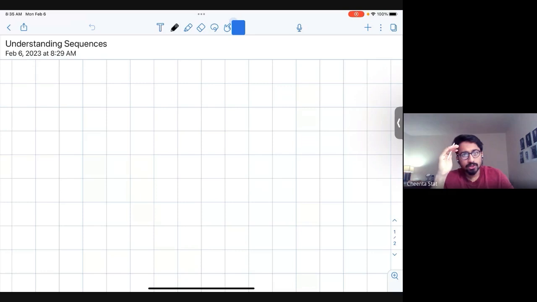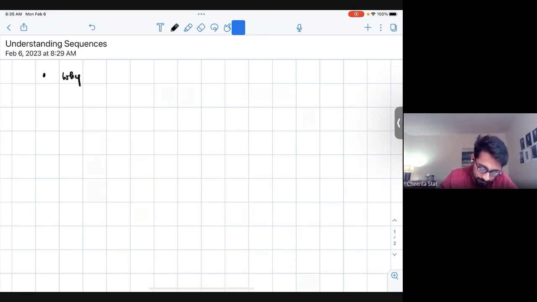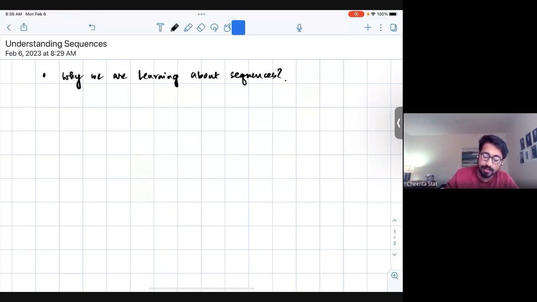Today our aim is towards understanding why we are learning sequences in the first place, which we already have got an idea, and rather, I should say what we are learning, and we'll say how we are learning.